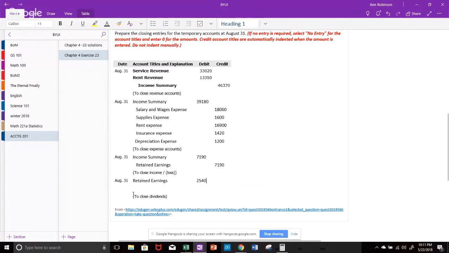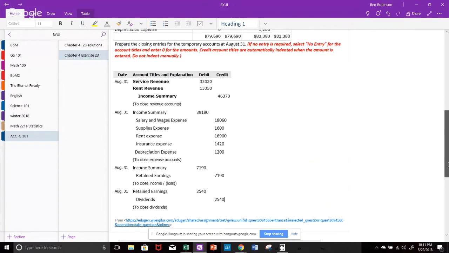Debit that, and then credit the dividends for the same amount. And so by doing that, we've successfully closed out all of the temporary accounts, made them permanent accounts in preparation for doing the balance sheet.